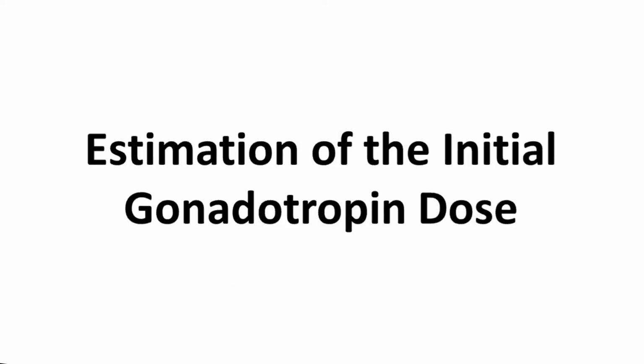How to estimate the initial dose of gonadotropin? I have to emphasize that the calculation of the initial dose of gonadotropin is very, very important because we don't prefer to fluctuate or modify the dose of gonadotropins during stimulation or after stimulation starts.